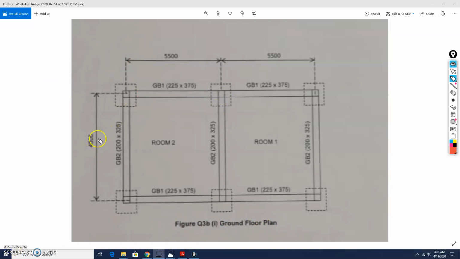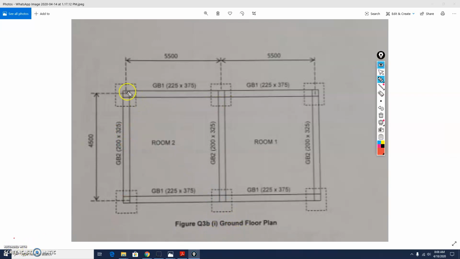And then for GB2, the length is 4,500 including 2 half column. And the cross section is 200 and the depth is 335, and you can't see it in this diagram for the same reason, because it is the plan view.